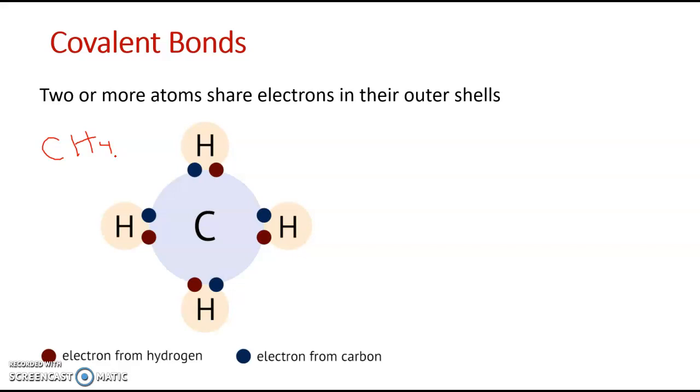It would be really impractical to try to write out the atomic structure every single time, showing the number of electrons each time. So because this is an example of 4 single covalent bonds, we can abbreviate that by drawing a single line, showing that this carbon is sharing a single pair of electrons with that hydrogen, a single pair of electrons with that hydrogen, a single pair of electrons with that hydrogen, and a single pair of electrons with this hydrogen.